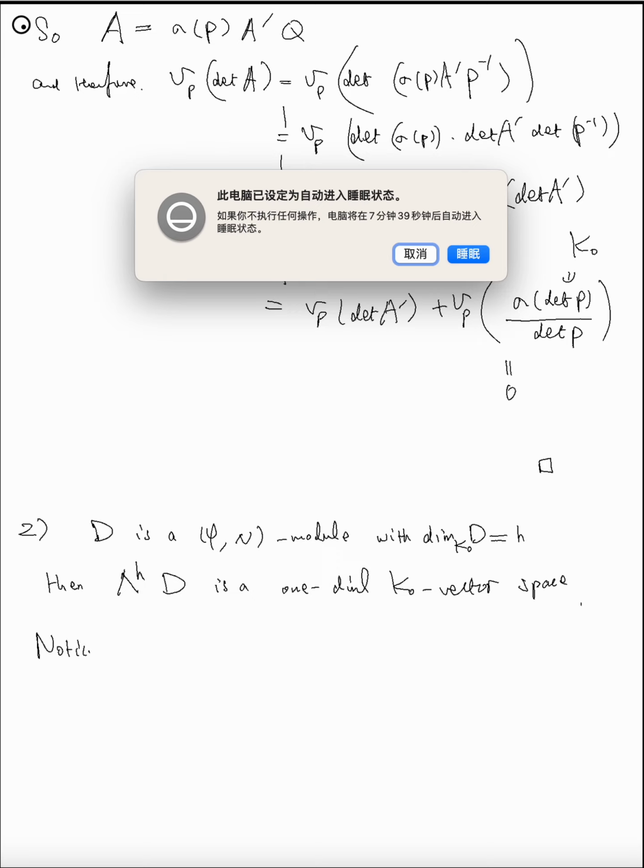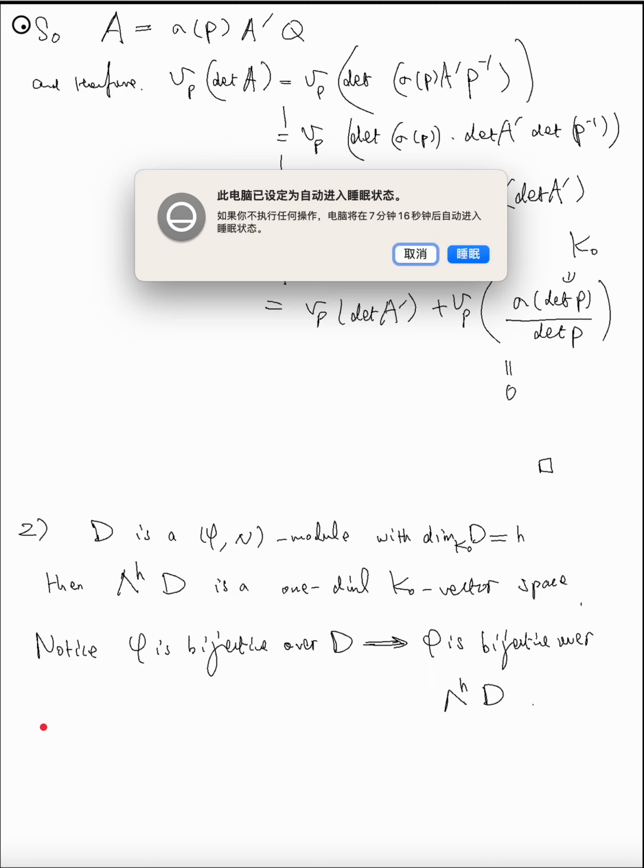Notice phi is bijective over D implies phi is also bijective over this wedge h of D.